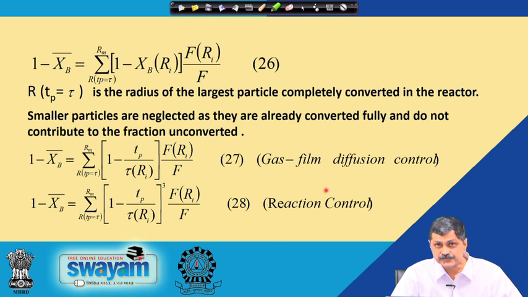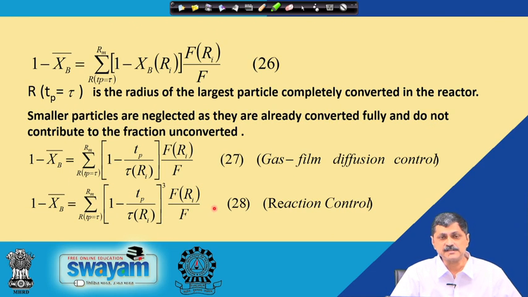If it is gas film diffusion control, we know that x b is T by tau. So, we replace 1 minus x b by 1 minus T p by tau, which is a function of R I, and we sum it up and we get the mean conversion of B, and 1 minus x b bar is the mean unconverted.